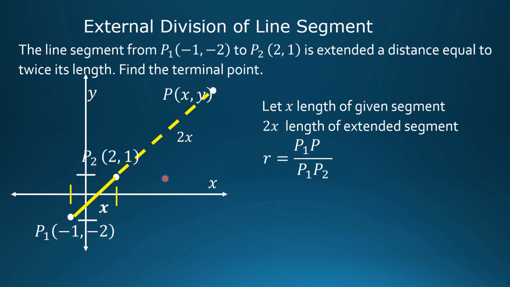P sub 1 P is equal to X plus 2X, so 3X, and P sub 1 P sub 2 is equal to X. So this is equal to 3X over X, and 3X over X is equal to 3. So the ratio is equal to 3.